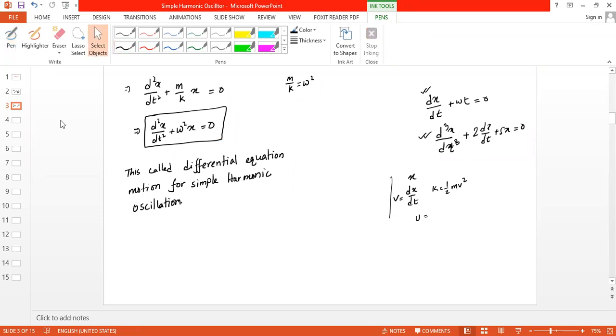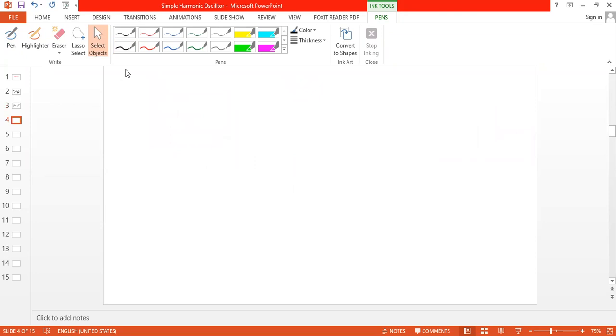So how to solve it? Solution of the differential equation of motion for, let me write it like SHM.